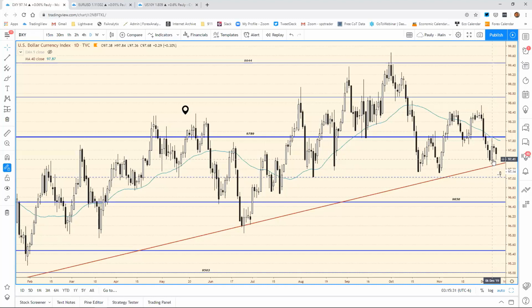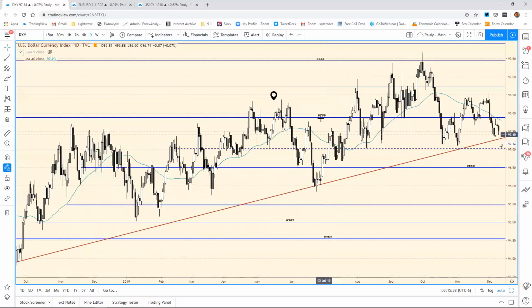So with that, my thoughts were we should have not only closed above 97.89, but if we couldn't close above it, we should have at least taken it out and maybe closed underneath it. We didn't even make it to 97.89. So my analysis, as you remember at the beginning of the week, was that since they weren't able to do that, we're still on target for a move down to 97.20. But it obviously went past there, coming close to 97 even. So I just wanted to touch base on that.